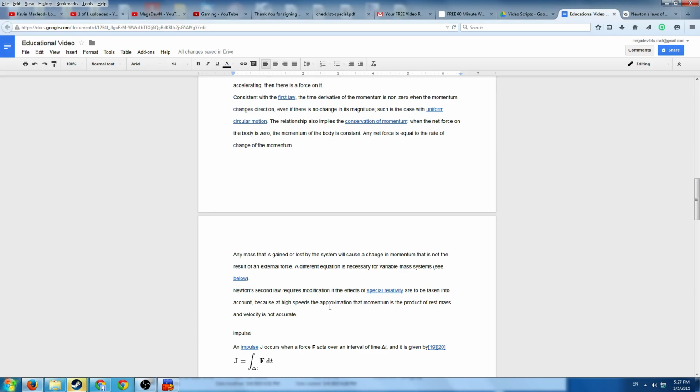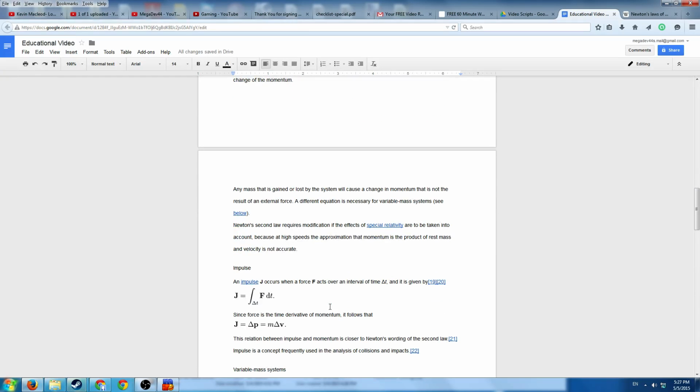Impulse. An impulse J occurs when a force F acts over an interval of time T and is given by the figure shown below.